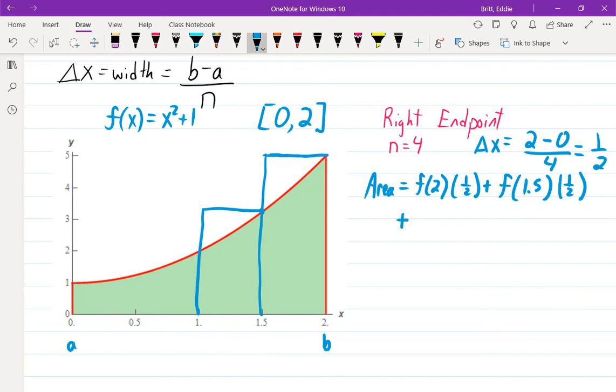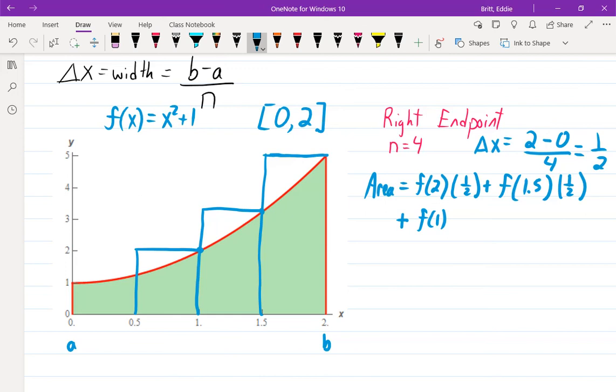And then plus, now I'm at 1, so I'm going to say f of 1. That's going to give me the height of my next rectangle. Right here is where f of 1 intersects the graph. All right, and I'm going to draw a rectangle, 1/2 of a unit wide. f of 1 will give me the height of this rectangle, which I think we already know what it is.